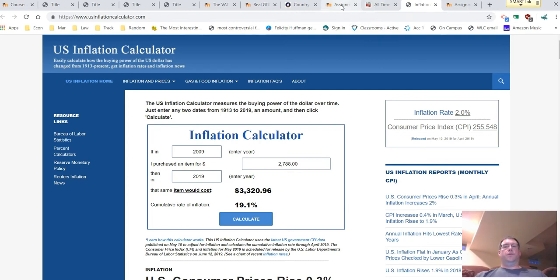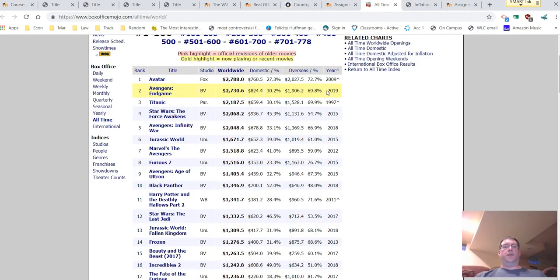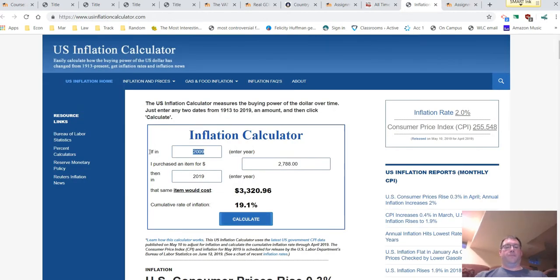And you'll go to the next movie there. Again, Endgame, that number is current. That's 2019 dollars. So we go to Titanic, which was 2187, released in 1997. If we adjust it for today, it's greater than Avatar, 3.4 billion.